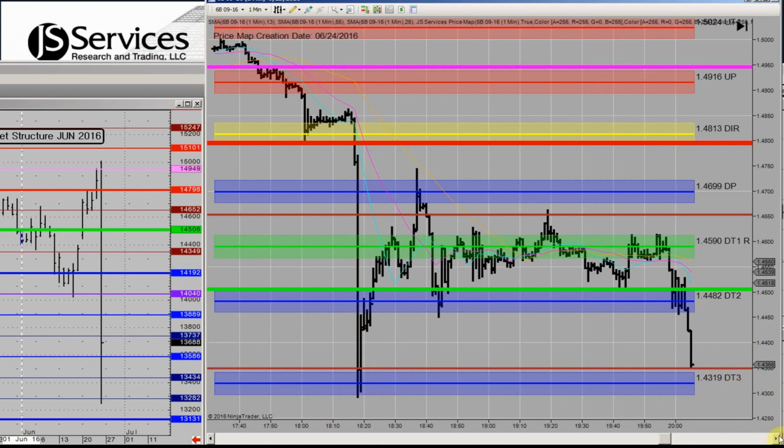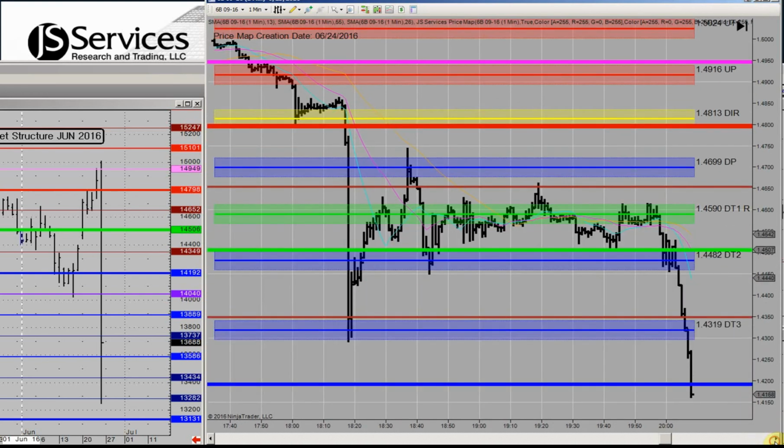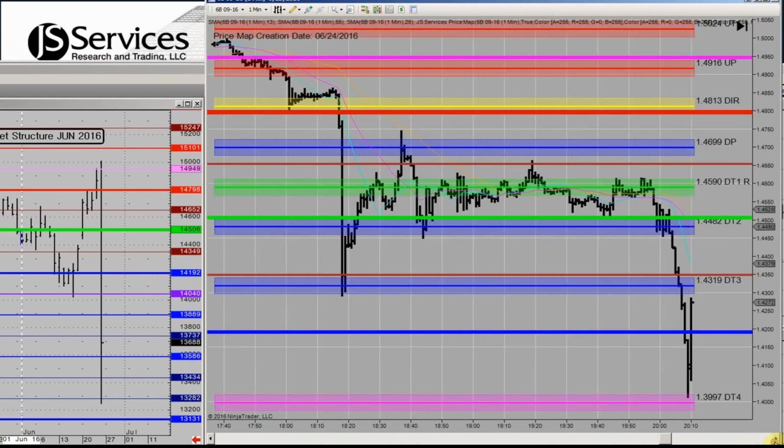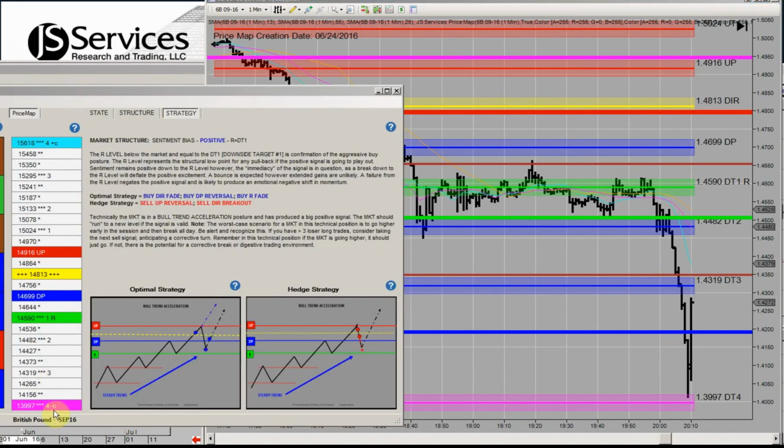And if we get back underneath the CR minus, that's going to be a negative signal. And now here's the monthly DP, and we're getting a failure from the monthly DP. We're starting to go off the chart on the daily. So the C minus, the downside target number 4, is 139.97, kind of the lower extreme.